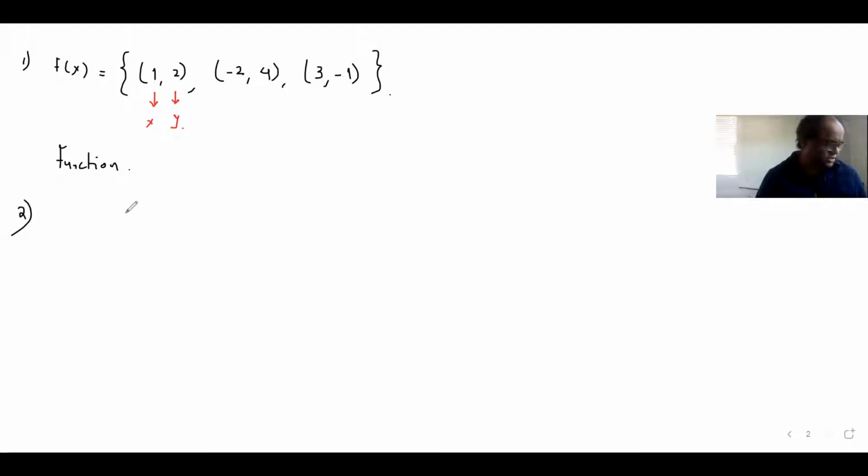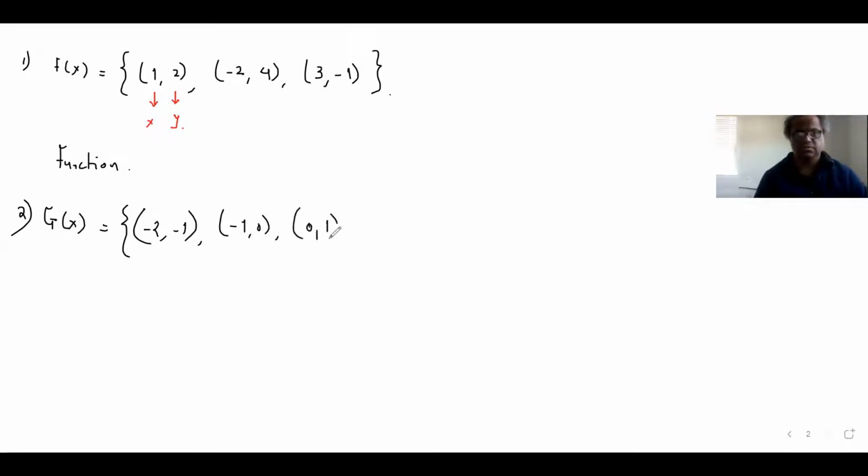So the next example would be g of x: (-2, -1), (-1, 0), (1, 2) and (2, 2).